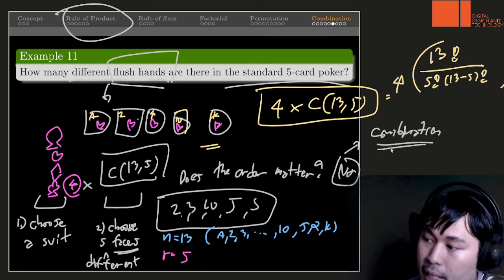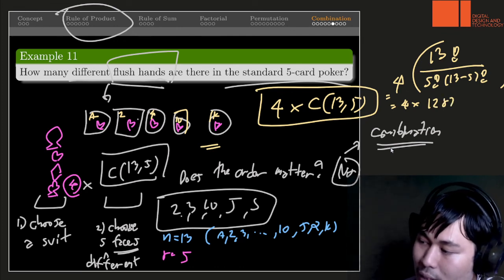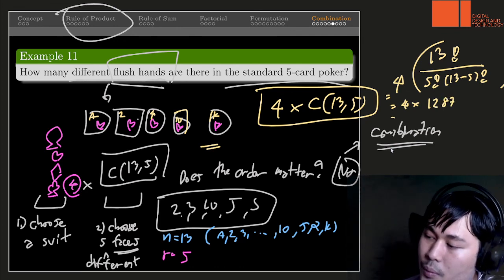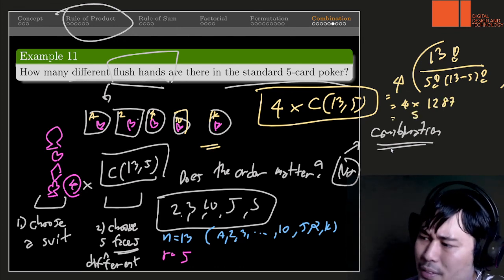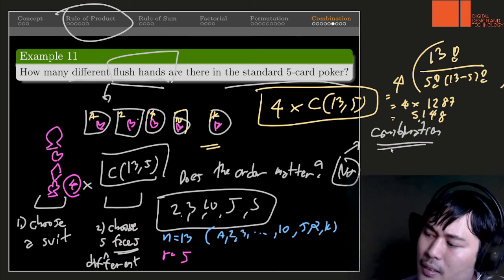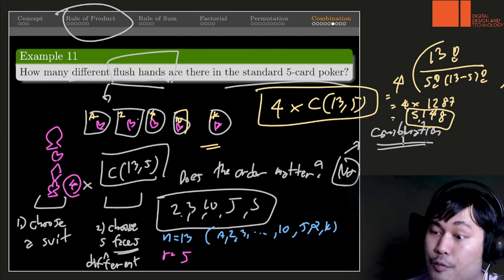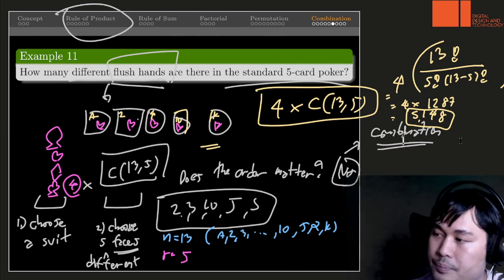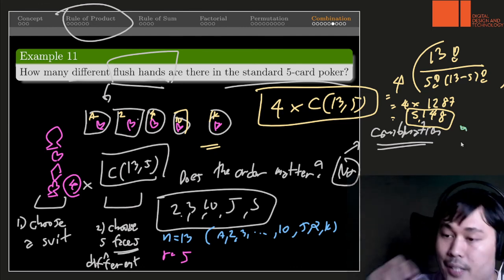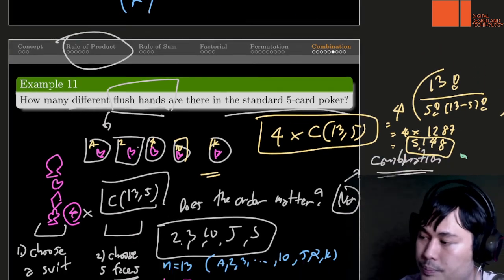If you do the math, the answer should be 4 times 1287, which is 5,148. So that means there are about 5,000 ways to get a flush. And so that's the answer for this example.